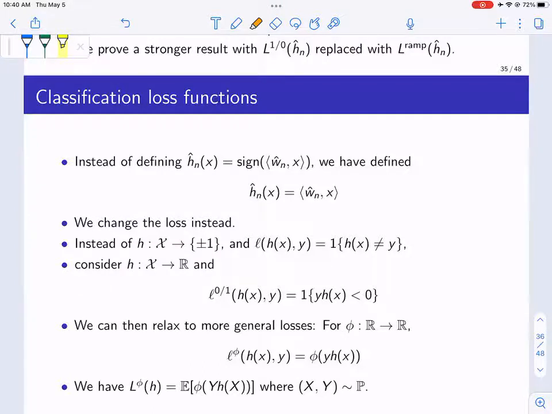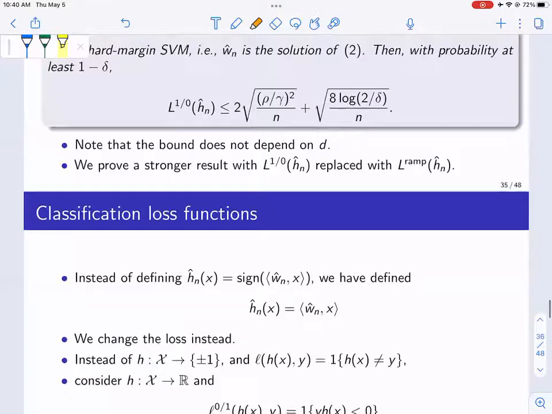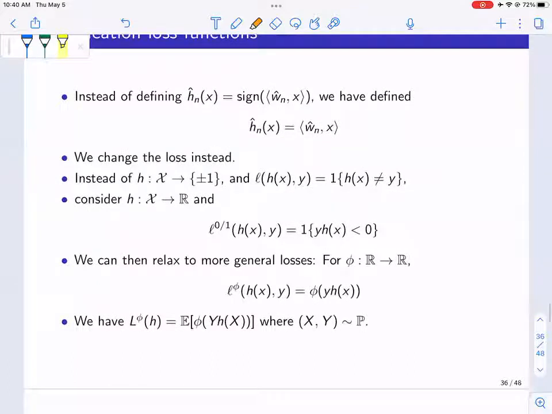This makes sense. And then I can relax to other loss functions, like L of phi. I'm going to replace this indicator of less than 0 with some phi here. Then we can define the corresponding generalization loss as the expectation of this, where y and x are from the distribution P. Does this make sense?